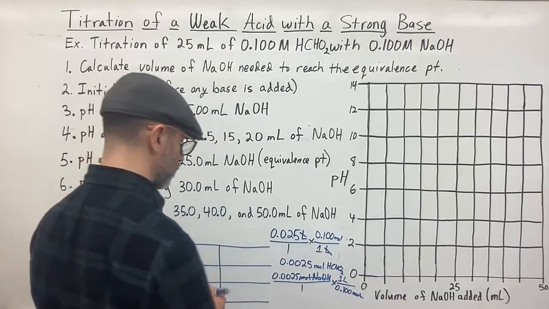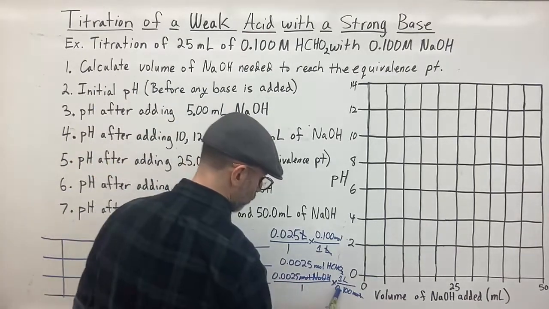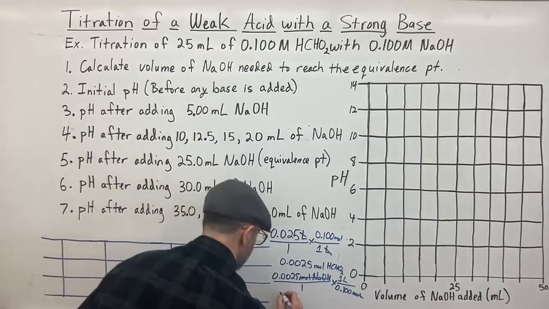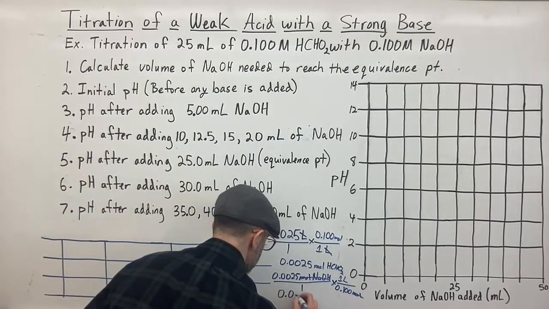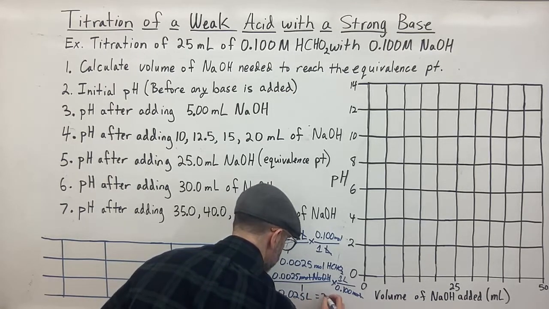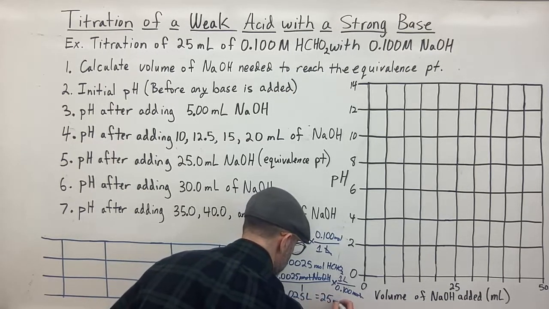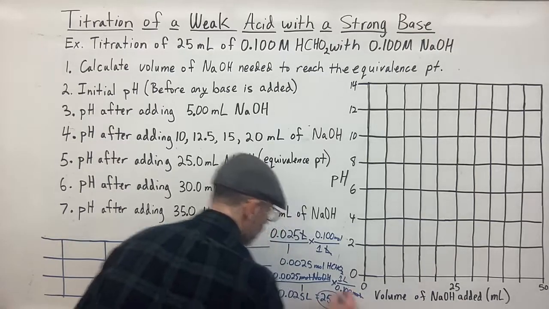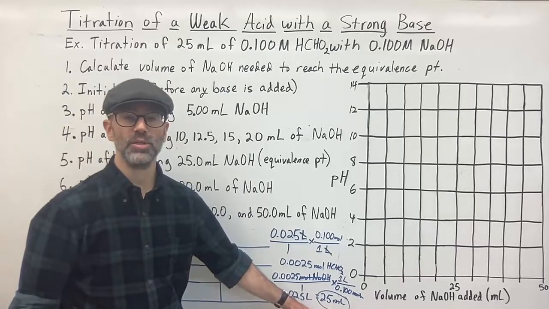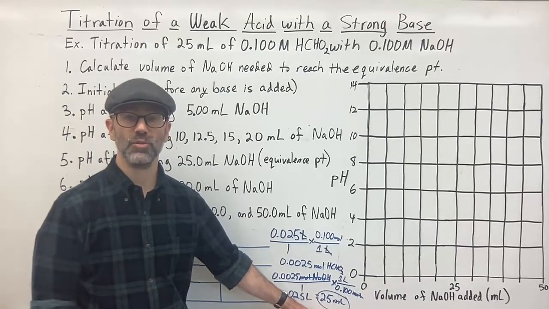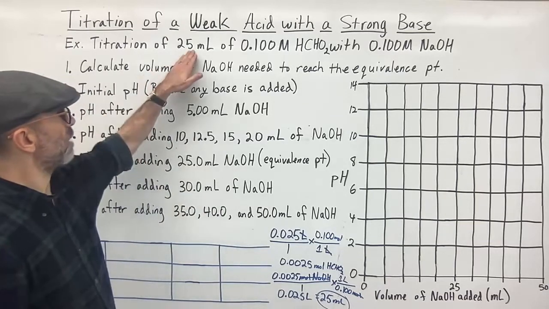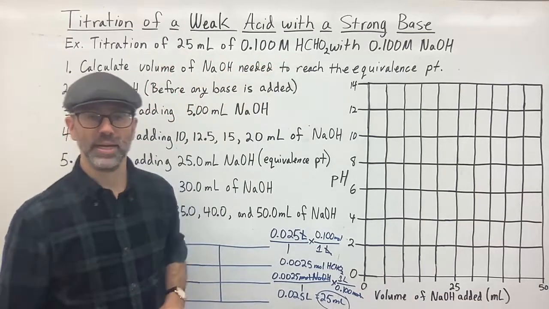If we divide by 0.100, we're going to get 0.025 liters, which is again equal to 25 milliliters. So that is the volume that we need. So 25 milliliters of the strong base is what we need to neutralize the 25 milliliters of our weak acid.